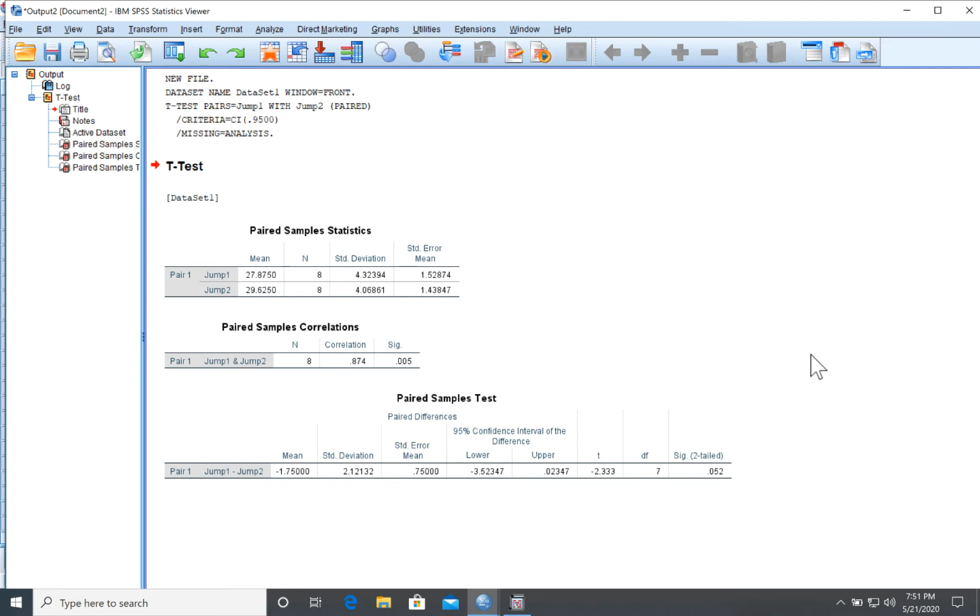Okay, so there we have it. They calculated the relevant descriptive statistics for us. And let's take a look. This is the output table for the paired samples t-test. And they got a test statistic of negative 2.333.